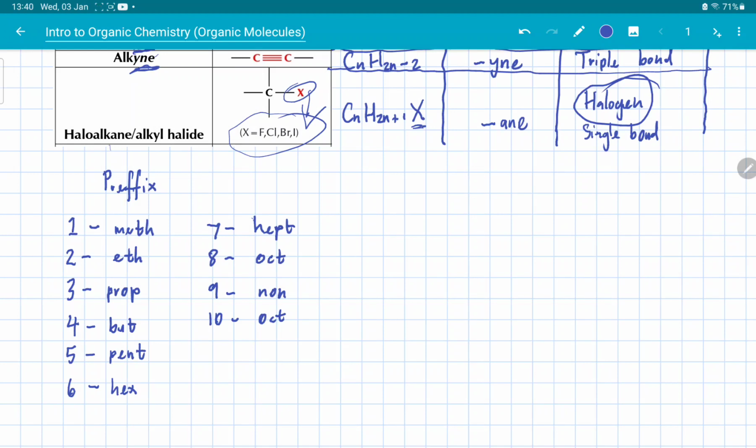It will continue, people, to hundreds, thousands of carbon atoms, but we're interested in the first 10 carbons.